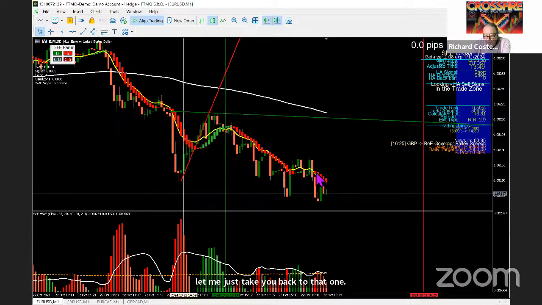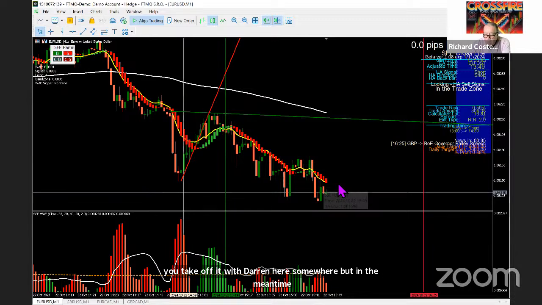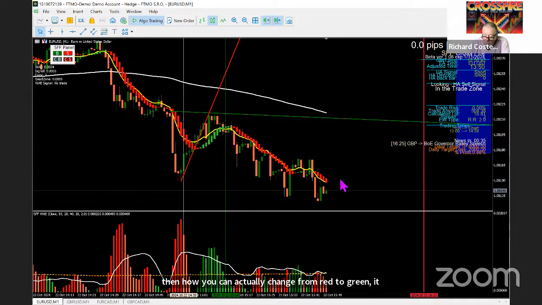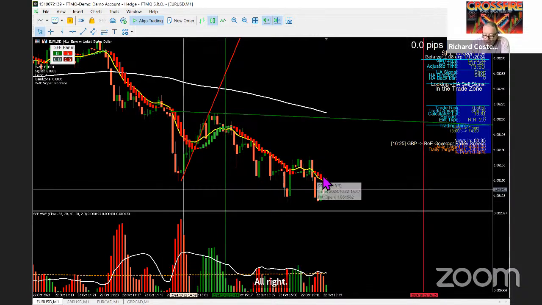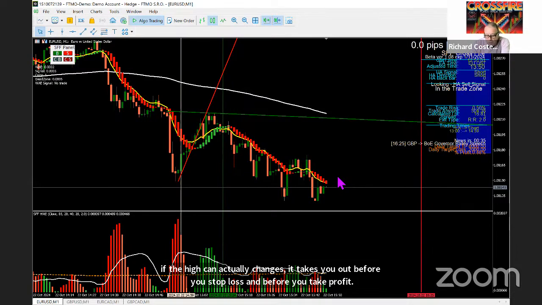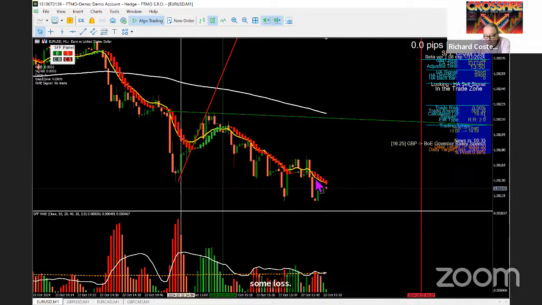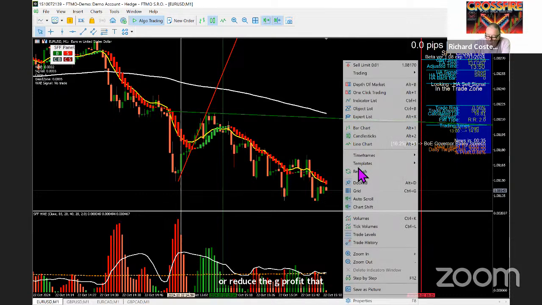If you were in a sell trade and you had red Heikin-Ashi candles and your take profit was down here somewhere, but in the meantime the Heikin-Ashi changes from red to green, it would take you out before you reach your stop loss or your take profit. It saves you some loss, or it reduces your profit. But I've got mine set to ignore that. I want it to go all the way.